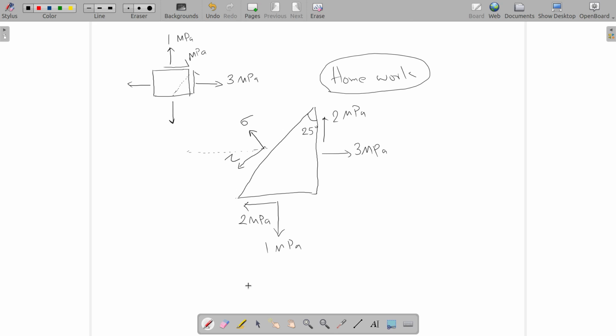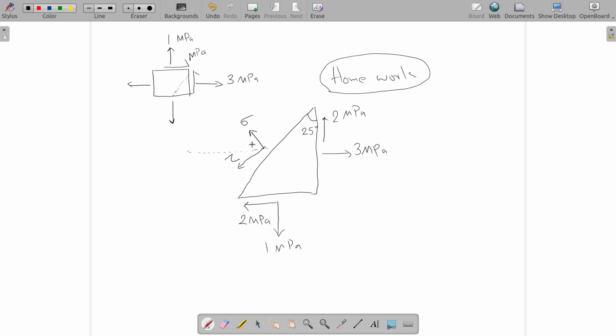So the net force in x direction should be 0, but forces are not given here. What we actually have are stresses. So what will be this angle here? This angle will be 90 minus 25, and of course this will be the same 90 minus 25.